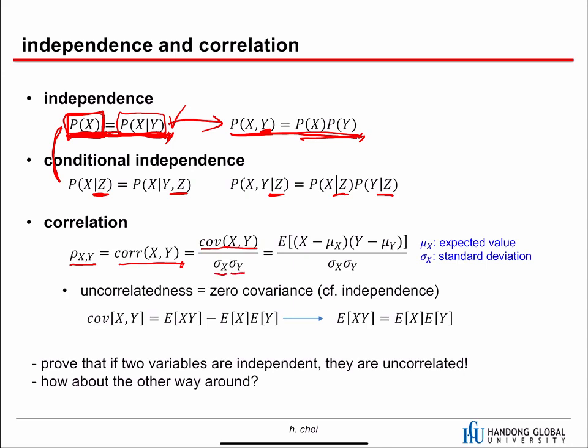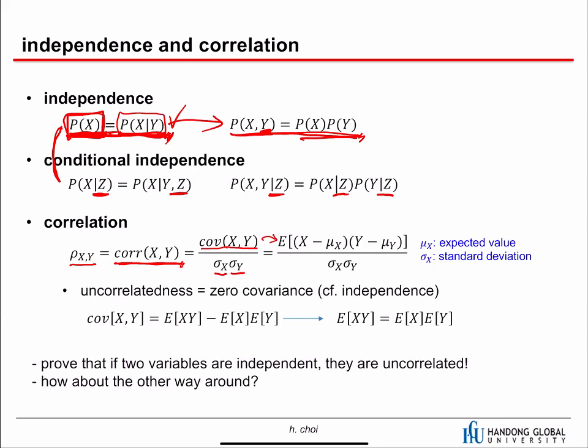Then we can rewrite this covariance in this way. And then we want to talk about uncorrelatedness. This correlation says how much x and y are correlated. What do we mean by correlation?